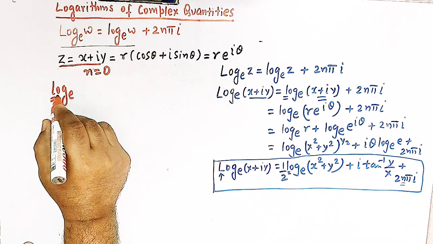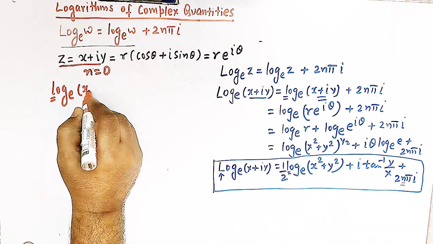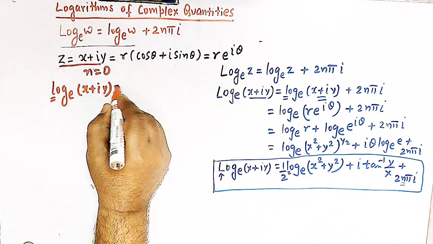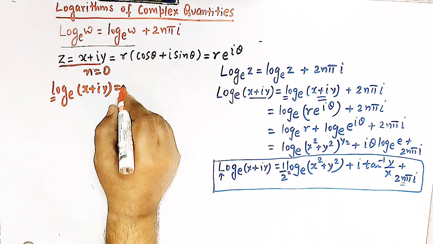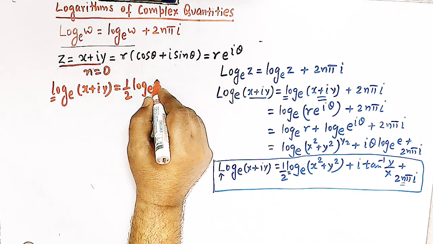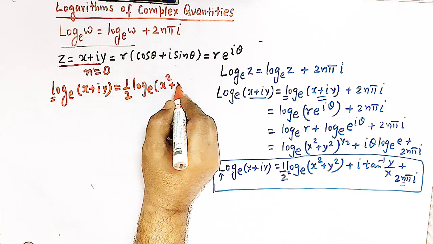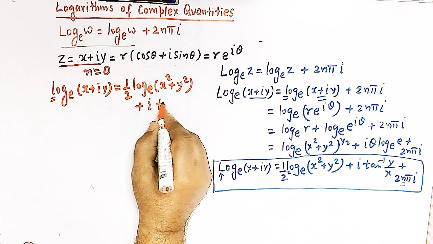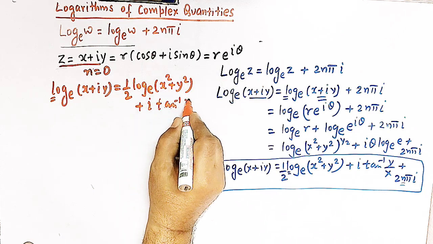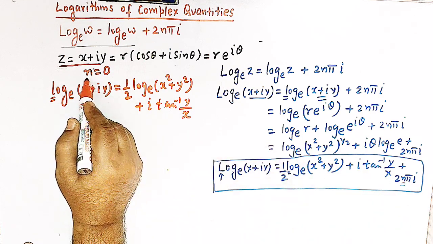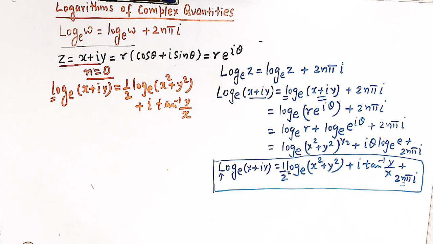So here we have log of x plus iota y to the base e equal to half log of x square plus y square plus iota times tan inverse y over x, and this term is 0 because we are considering n is equal to 0.